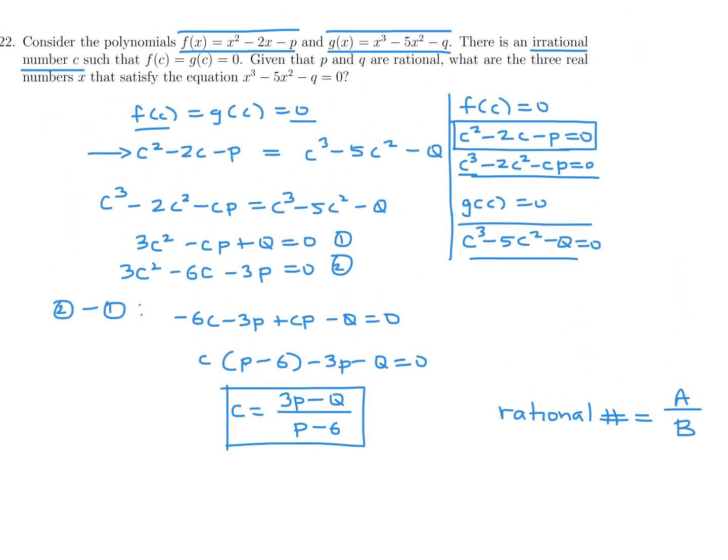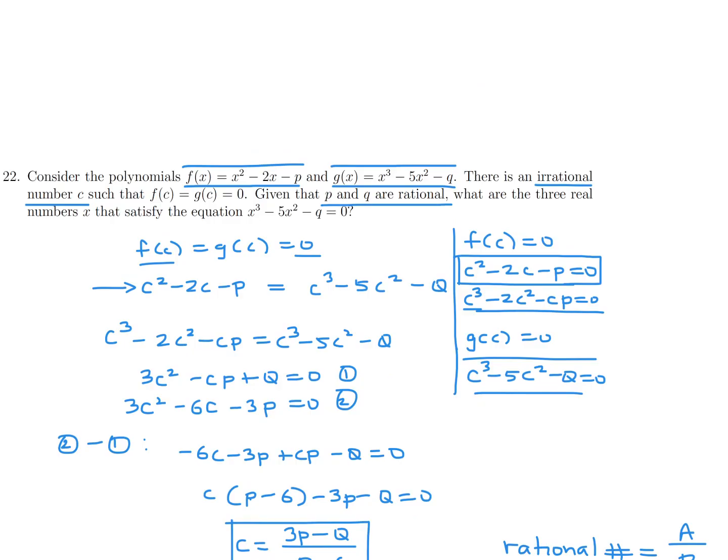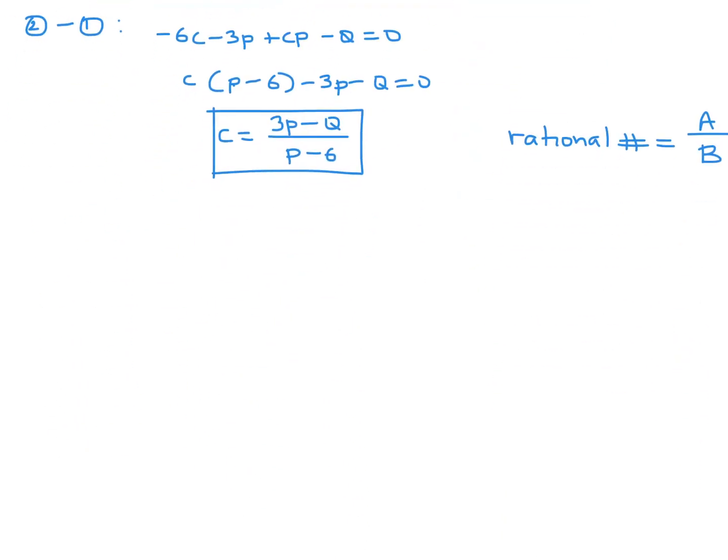Now, they told us in the question that p and q are rational, right? So if p and q are rational, then if you look at the right side of this part, since p and q are rational, then if you use them in a fraction, that would be rational. But they're saying that that is irrational. So how can that work?